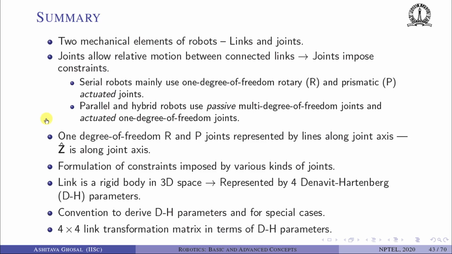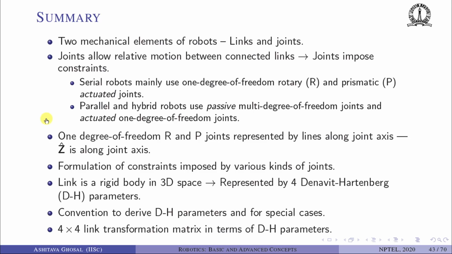I showed you that in these 4 DH parameters, 2 were angles and 2 were distances. So there was a twist angle and a link rotation angle, and then there was a link length and a link offset. Typically for arbitrary joint axes, we can easily find the DH parameters.